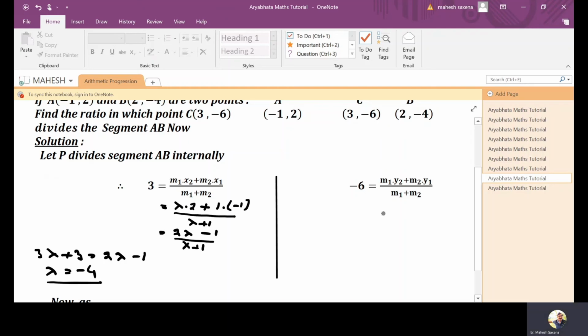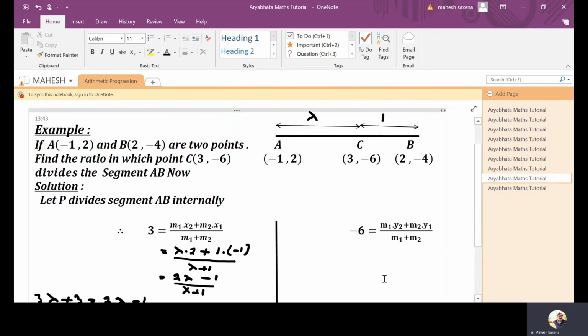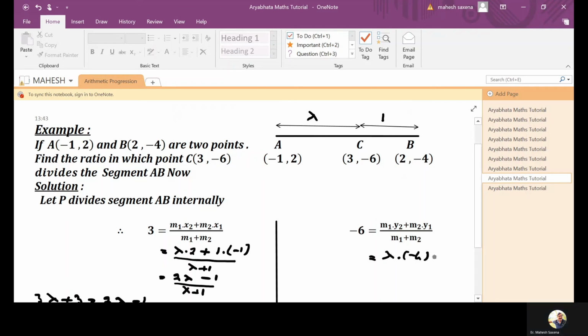Similarly, the y coordinate of C, that is minus 6, is equal to (m1 y2, that is lambda into minus 4, plus m2 y1, that is 1 into 2) divided by (lambda plus 1).